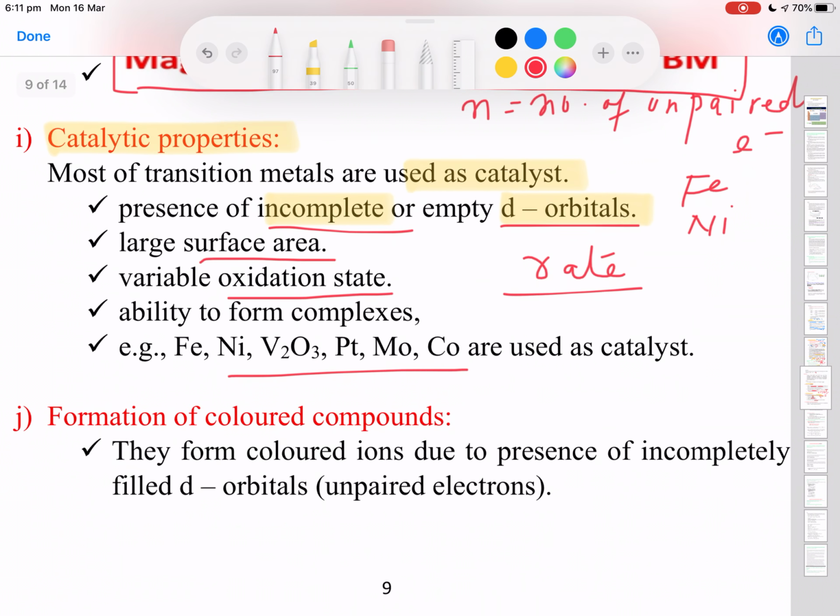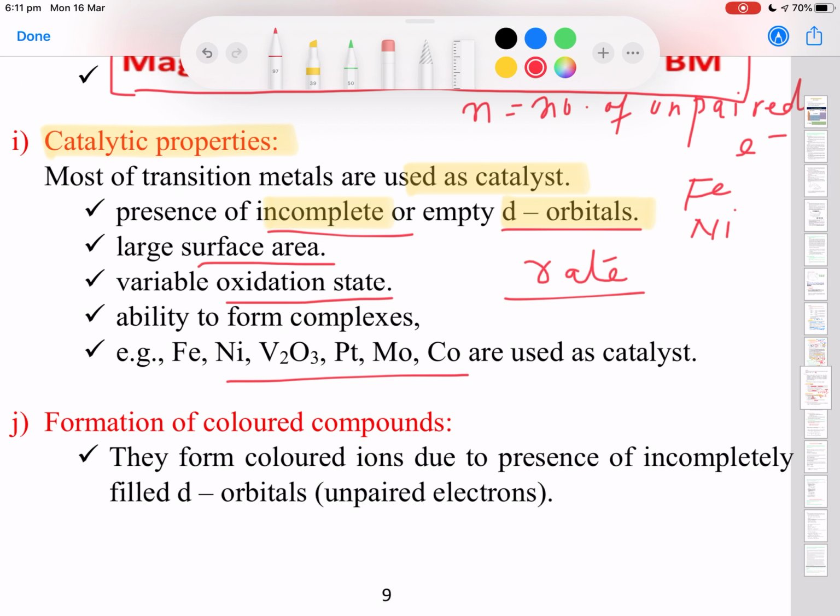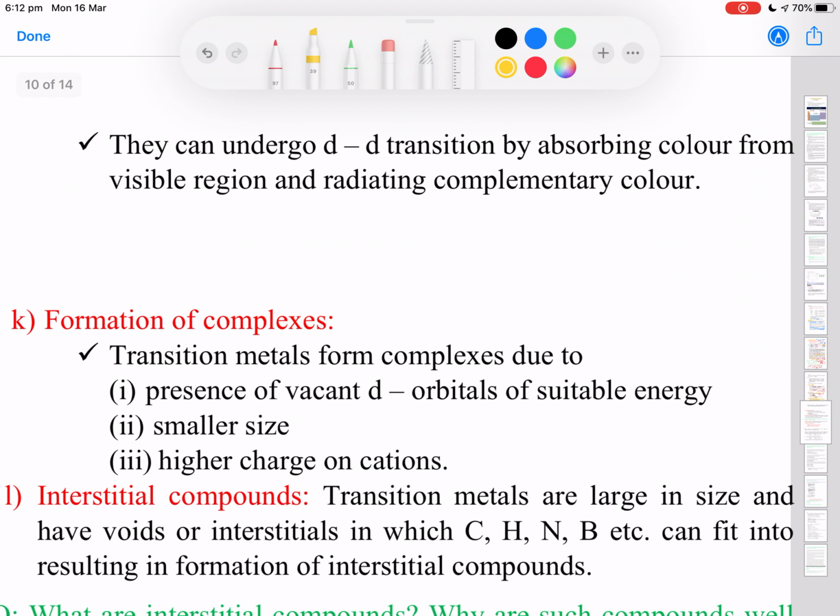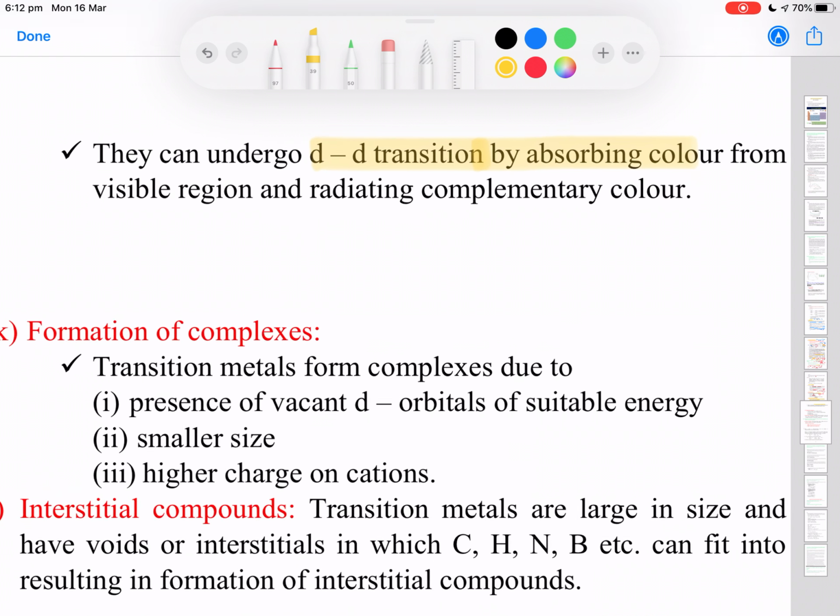And the last property will be formation of colored compounds. Again, because of the presence of what? Unpaired electrons in the d orbital, these electrons get easily excited to the higher states, that is they exhibit dd transition by absorbing light of a particular wavelength, and the higher state is very much unstable.